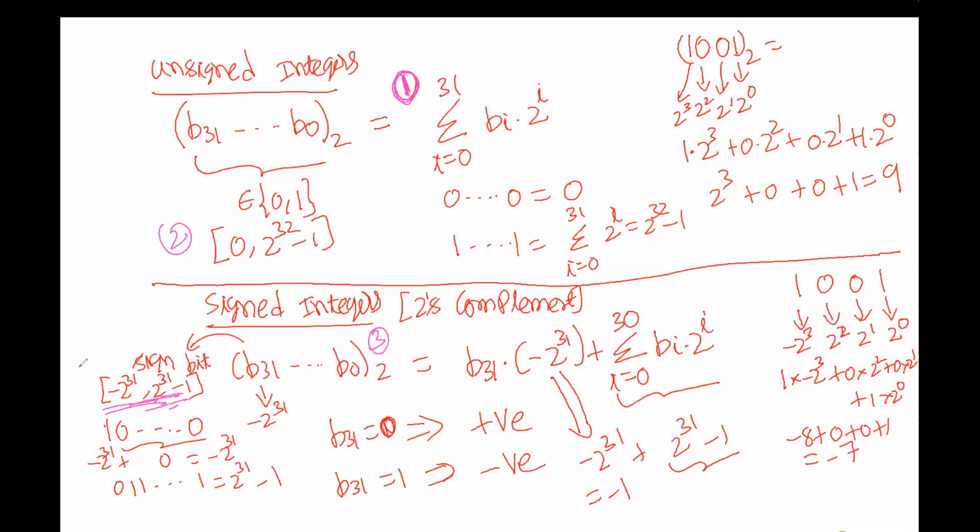The fourth idea is the range. And the fifth idea, which is important, is the same 100: if you consider it as an unsigned number, its value is equal to 9, but if you consider it as a signed number, its value is equal to -7. These are the important ideas that you have to keep in mind here.